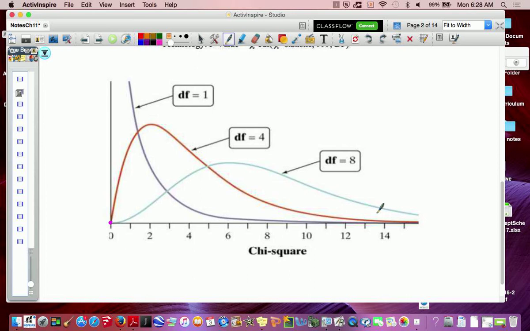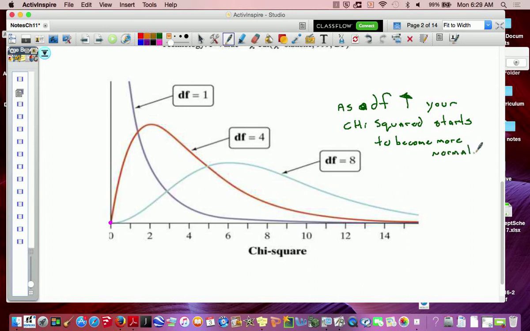One of the things that I want you to know is, as your degrees of freedom increases, your chi-squared distribution starts to become more normal. Now, we'll never use the normal distribution for a chi-squared, but you can already start to see skewed right, a little less skewed right here from degrees of freedom of 4 to degrees of freedom of 8.